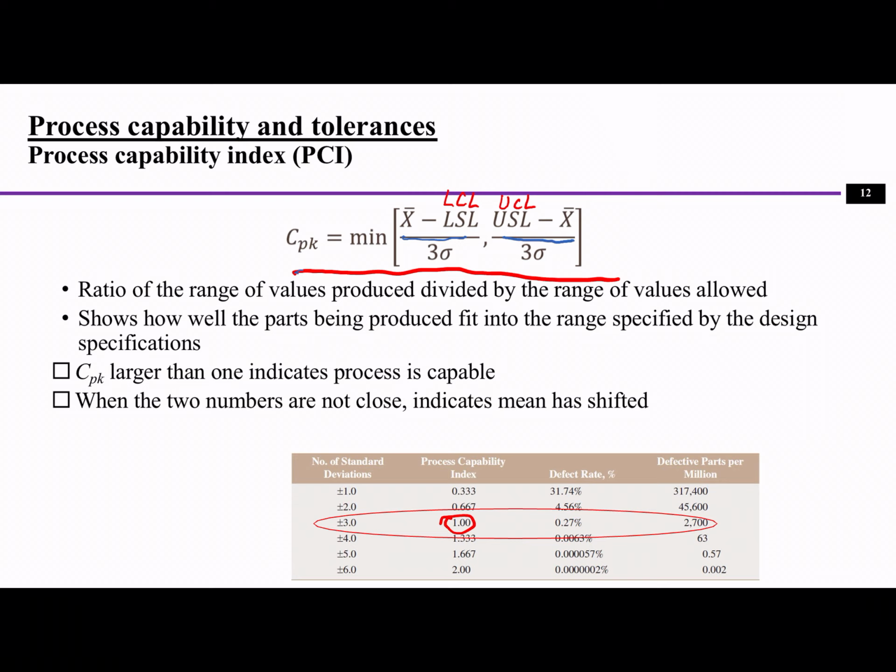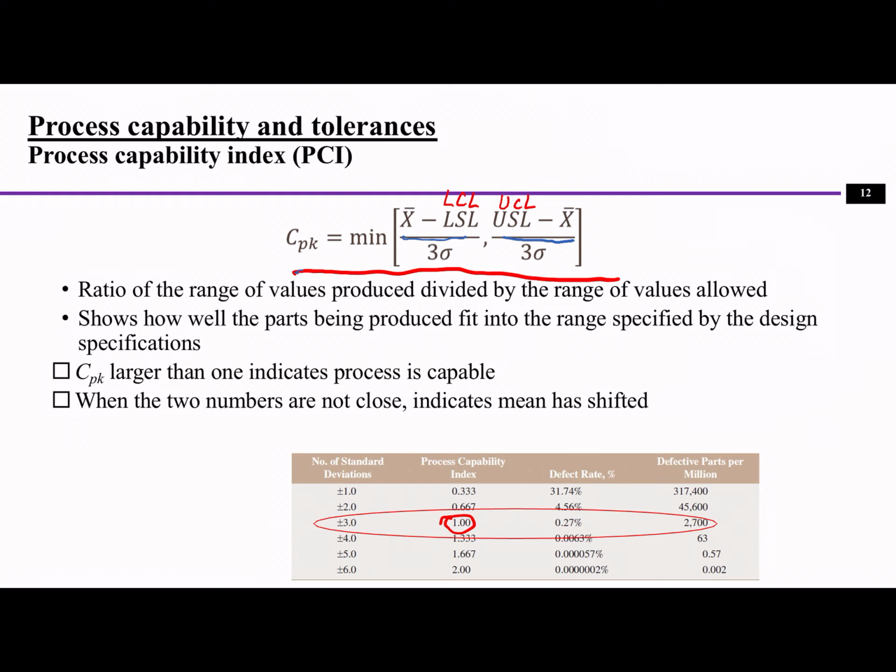And the defect rate for 3 sigma will be 0.27%, so 99.73% are good parts. A lot of times we use defects per million parts to look at how many defects we have if we produce a really large number of units. So that will be 2,700 units.